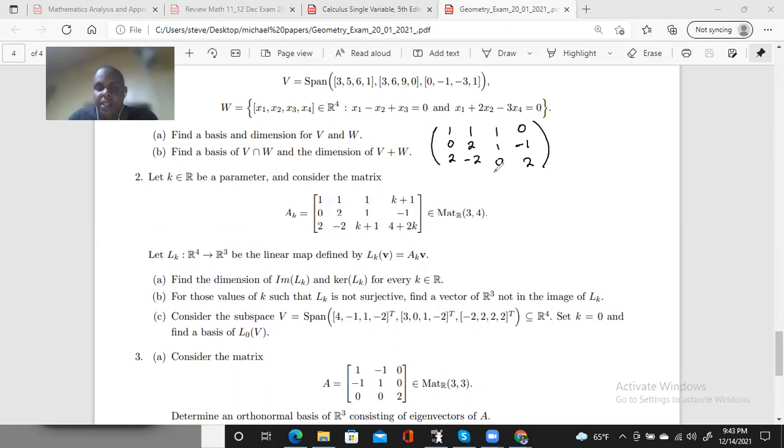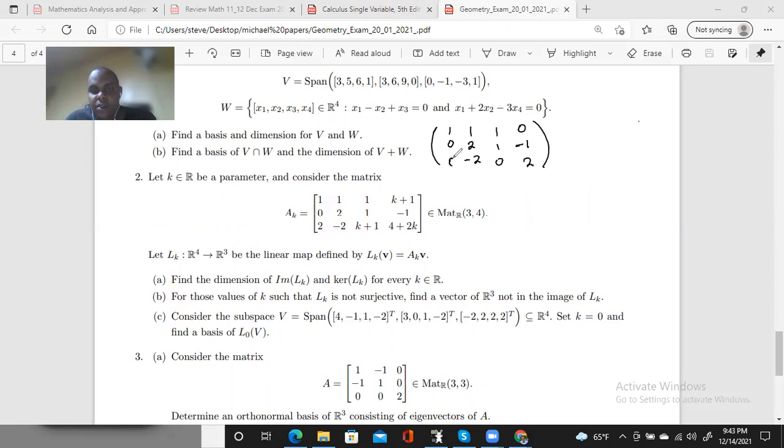I hope that's right. I just replaced k with -1. And then we reduce it. It becomes 1, 1, 1, 0. Actually, there is no need to use that, so I could just do 2 minus 2.